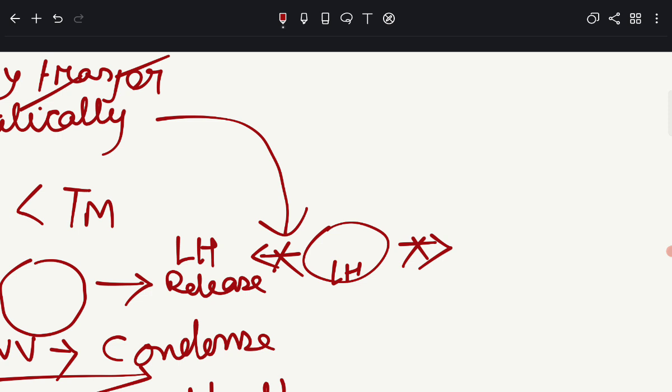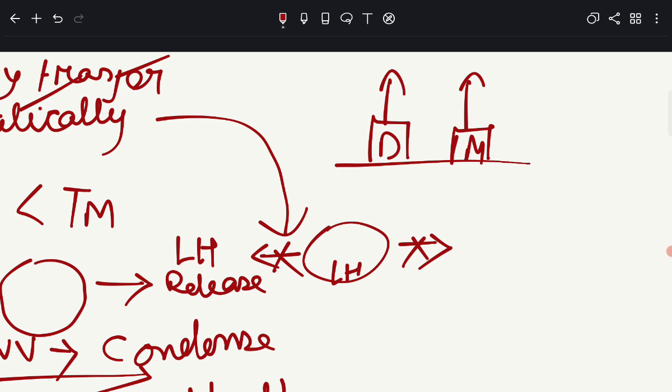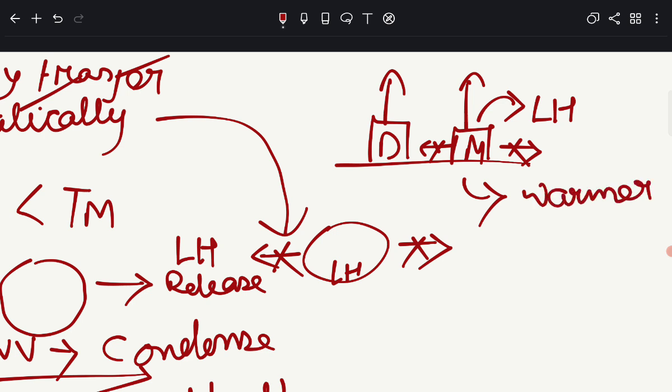If we are comparing these two, one dry and another moist, and we bring both up to 600 hectopascal, then the moist one will release latent heat, and that latent heat cannot come out, and it will become warmer in comparison to D. D means the dry air parcel.